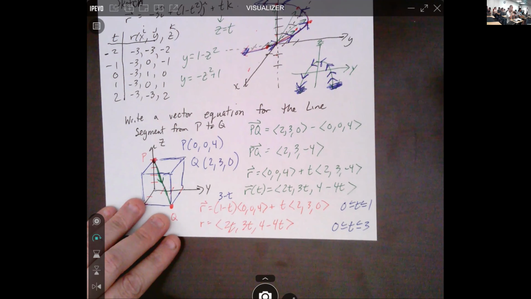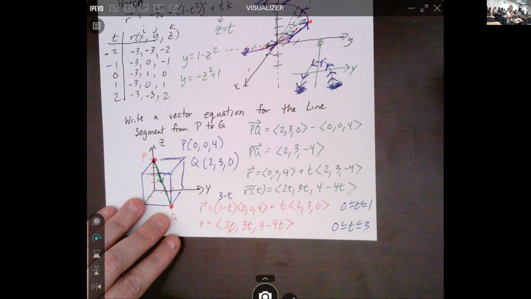You don't want to do this for a curve. But for a straight line, this is a great way to go. Notice when t equals 0, the right-hand one goes away.